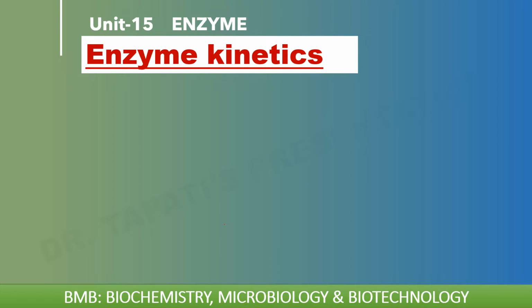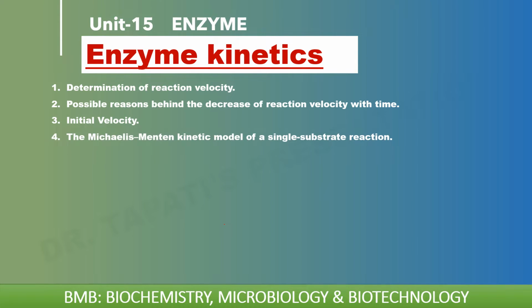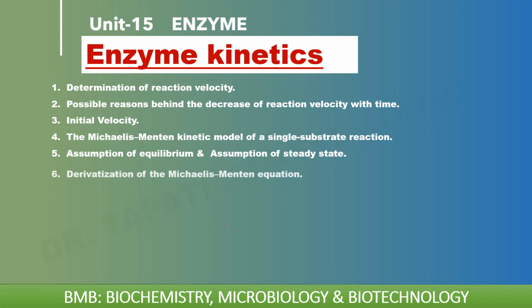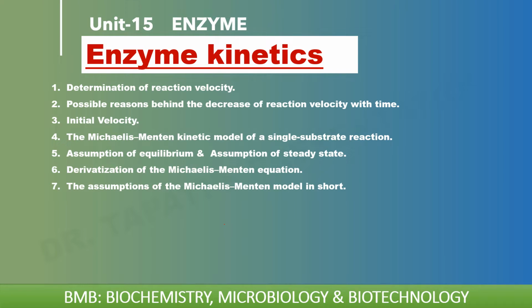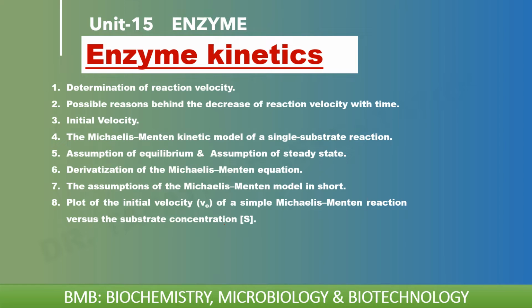In this unit, I will cover determination of reaction velocity, possible reasons behind the decrease of reaction velocity with time, initial velocity, the Michaelis-Menten kinetic model of a single substrate reaction, assumption of equilibrium and assumption of steady state, derivation of the Michaelis-Menten equation, assumptions of the Michaelis-Menten model in short, plot of the initial velocity of a simple Michaelis-Menten reaction versus the substrate concentration.